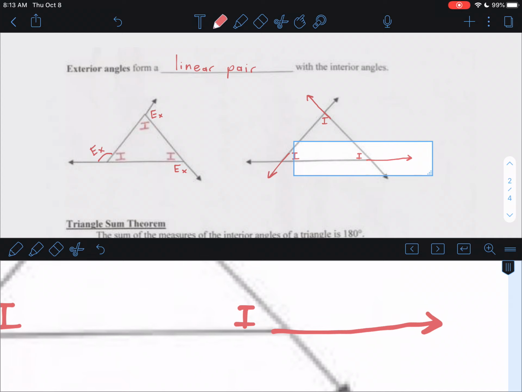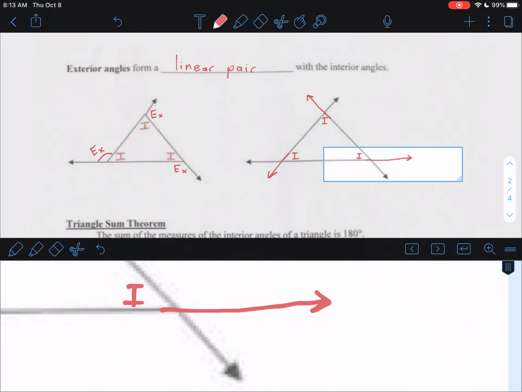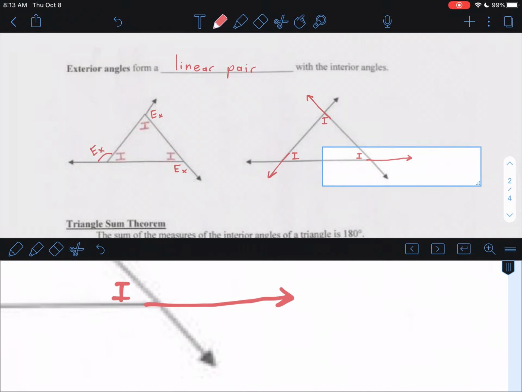Okay, so now I'll look at this angle here. I formed a new exterior angle there, as well as the original one that I had. And notice that these two exterior angles are vertical angles because they're right across from each other, meaning that these two are going to be congruent.